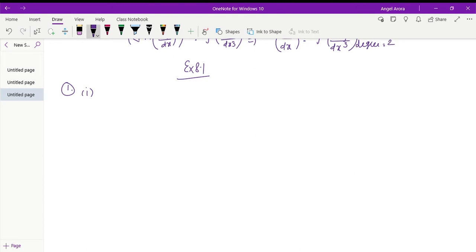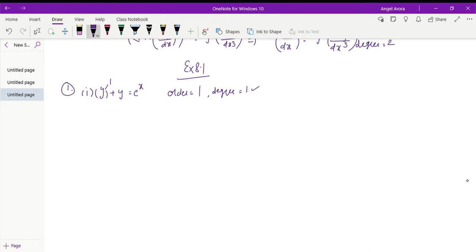So the first sum is y prime plus y is equal to e raised to x. Y prime, as I told you before, means a first order derivative. So the order will be 1 here, and the degree will also be 1, because this term only involves a derivative and it is in polynomial form, so the degree is defined and its power is 1.